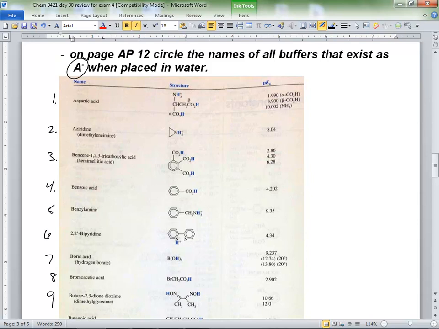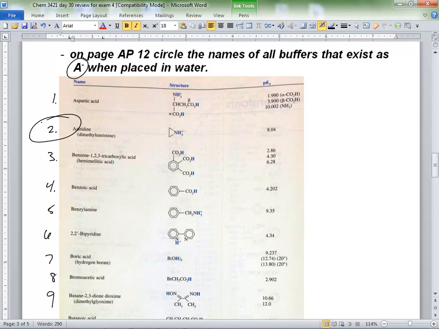Would you circle number 2? To make it neutral, you have to lose that hydrogen. So you definitely should have circled number 2. So we are looking for bases. Because to make it neutral, you have to lose that acidic hydrogen.